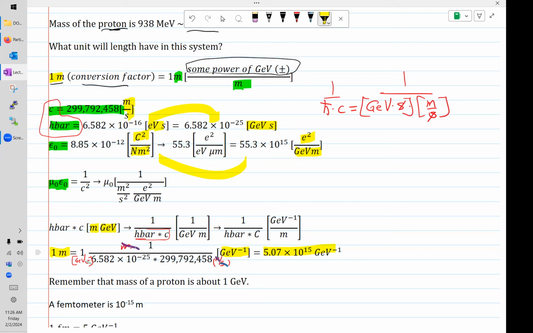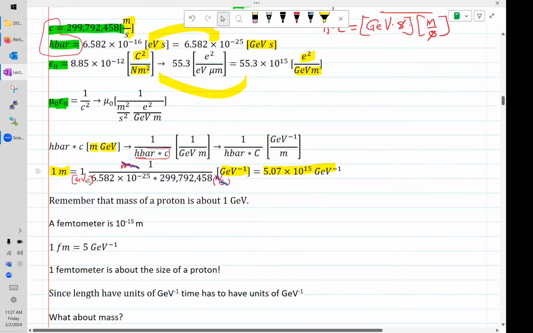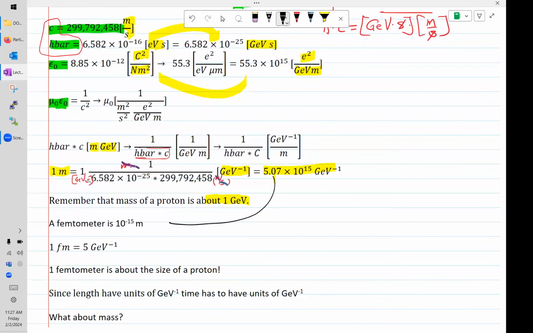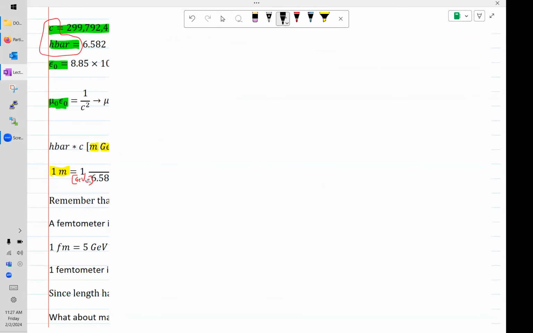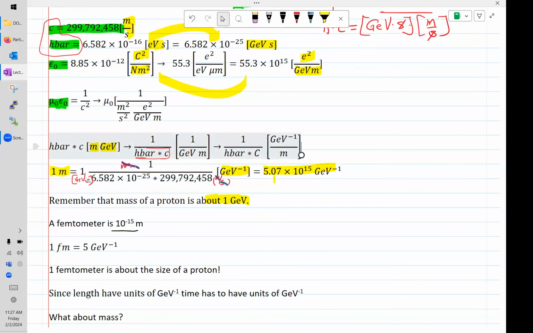This is kind of neat because, remember, the mass of the proton is about a giga electron volt. If you convert this to femtometers, remember, femto is 10 to the minus 15. People don't usually use that a lot.